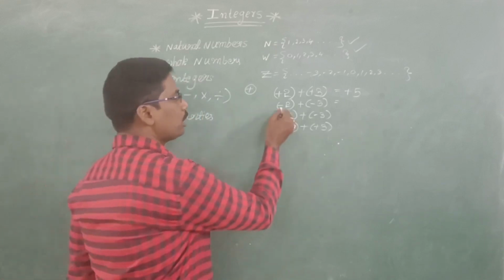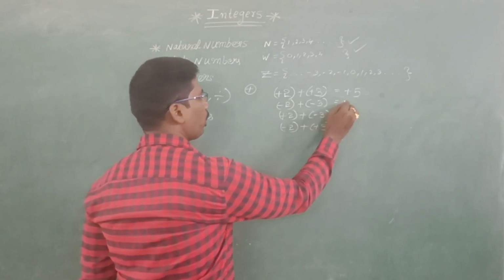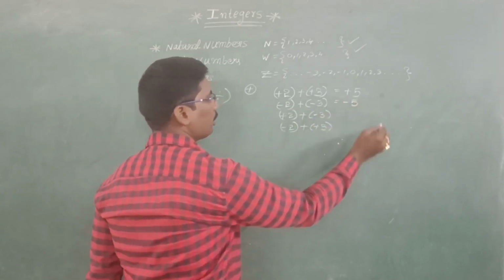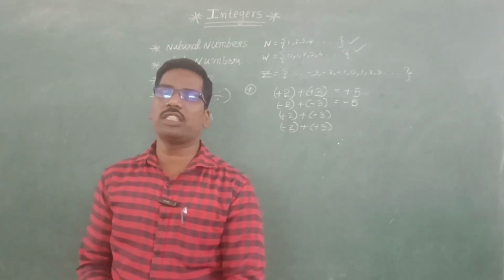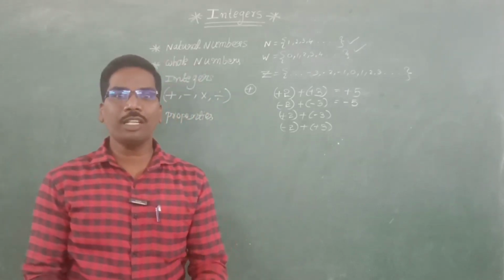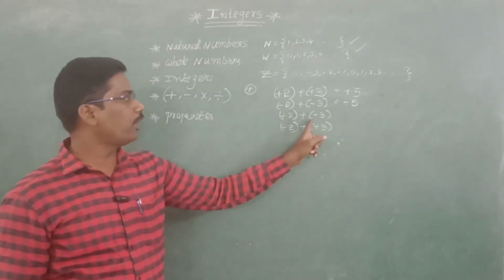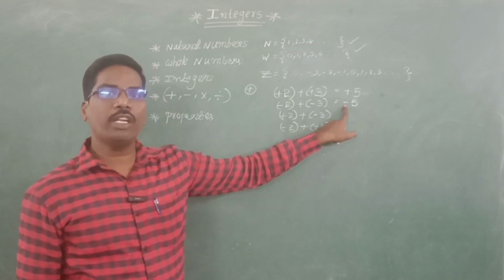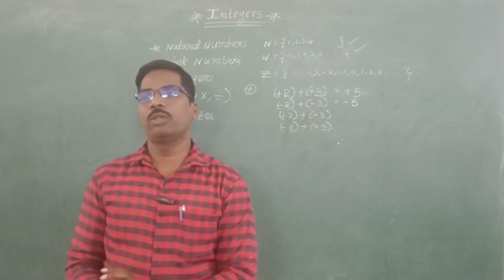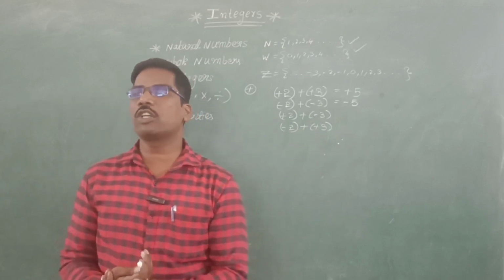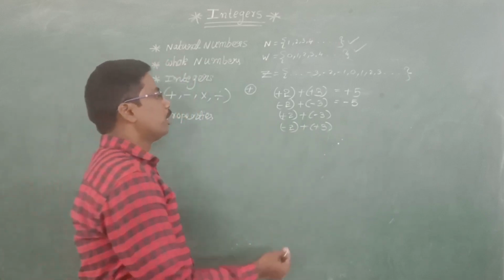So total I am borrowing 5 rupees, so minus 5. The sum of two negative integers is a negative integer, by adding the numbers. What are the numbers here? 2 and 3. So 2 plus 3, how much? 5.